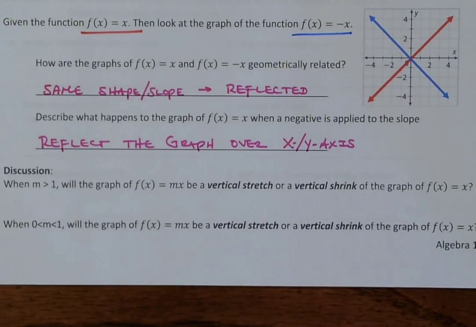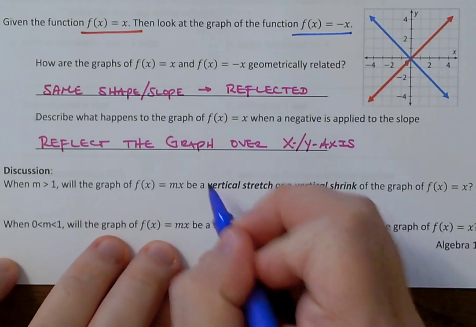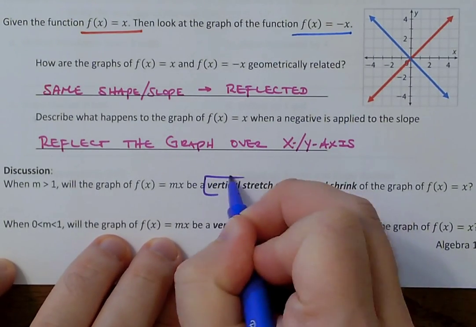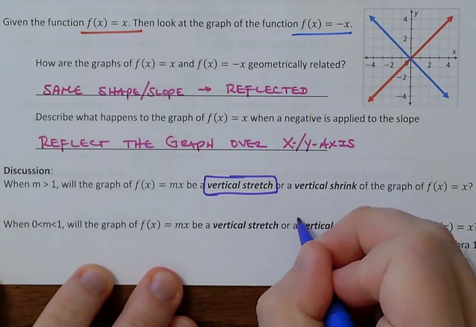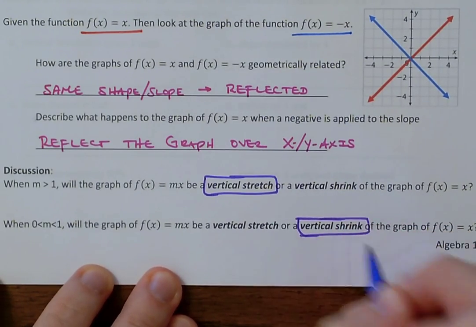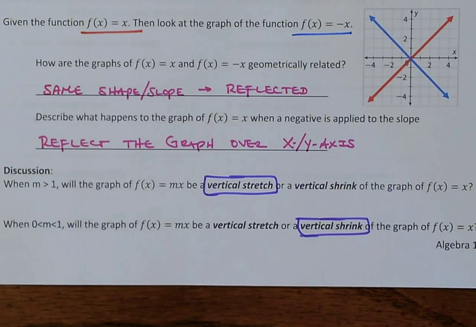Now, for our last discussion point here before we sum all this up, anytime that the number for m is greater than 1, we are presented a vertical stretch. And anytime that the number for m is greater than 0 but less than 1, we are presented a vertical shrink. Graph gets steeper, graph gets less steep. And that's the sum up of that point.